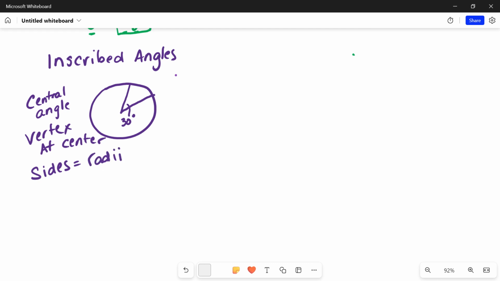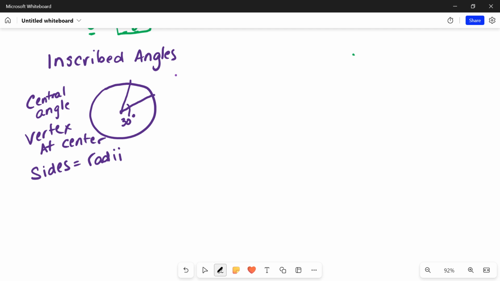So my sides are equal to the radii. My angle is a central angle, it's right there at the center. My vertex is located there at the center of the circle, and my sides are going to be the length of a radius.